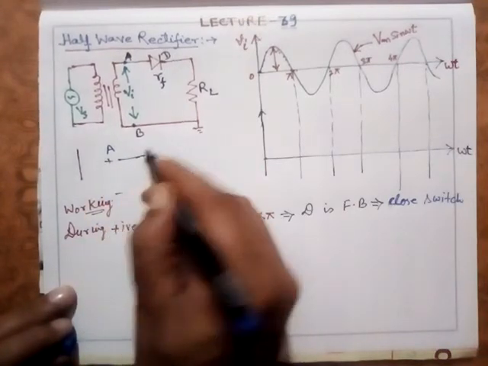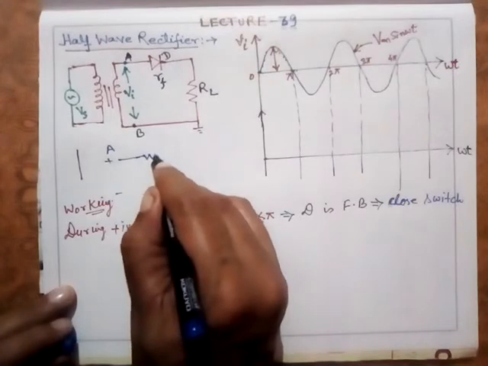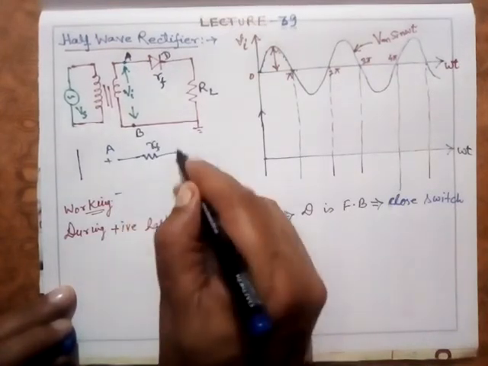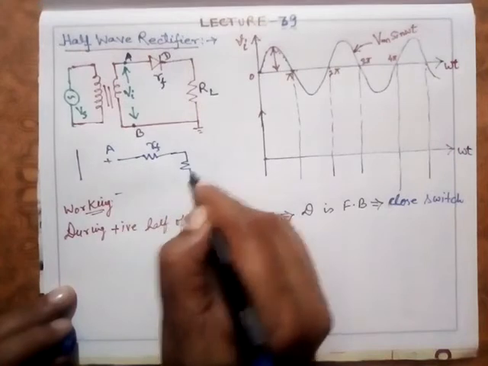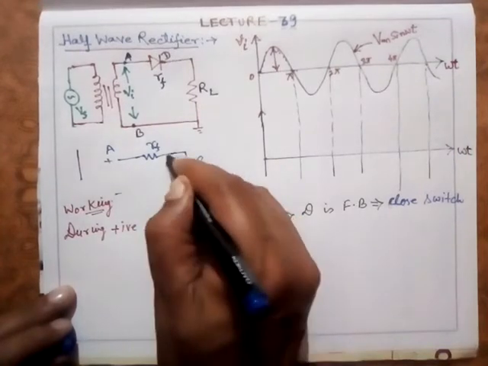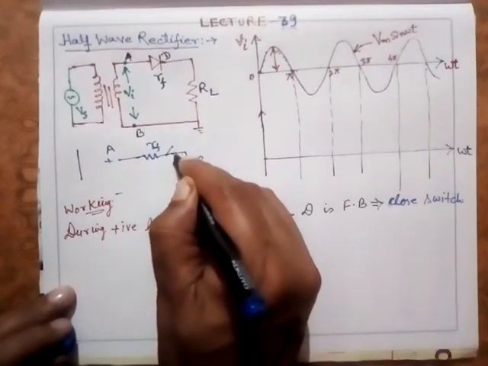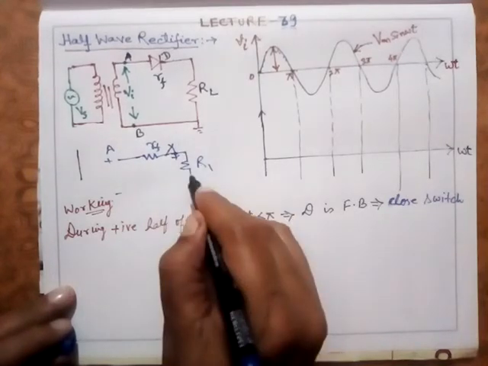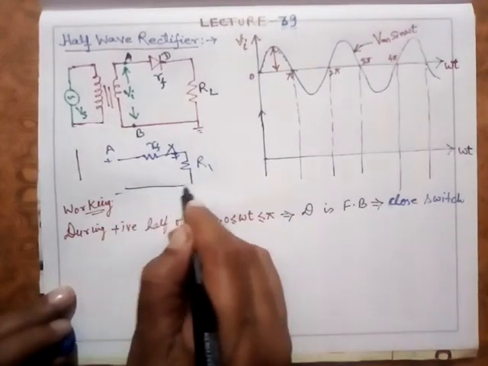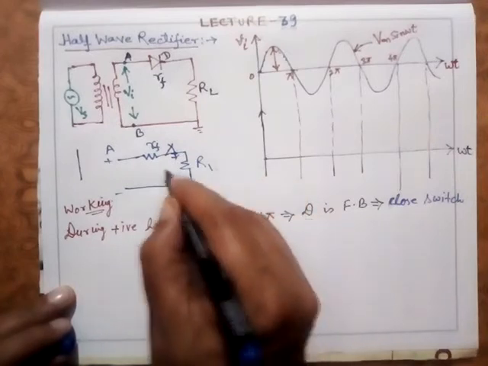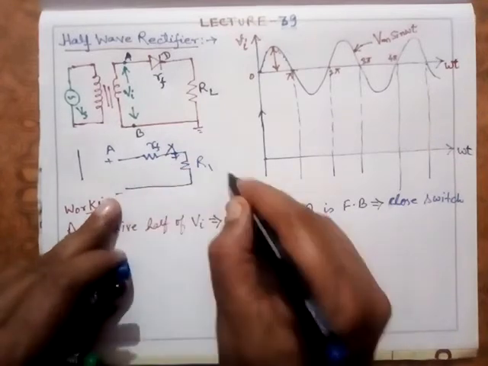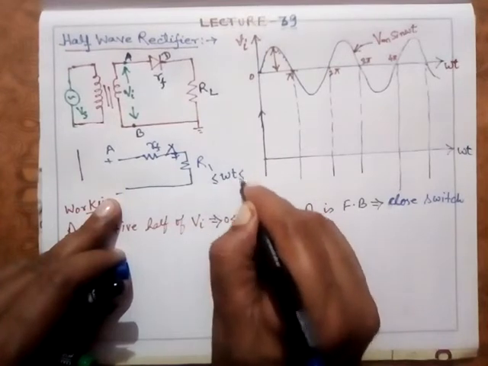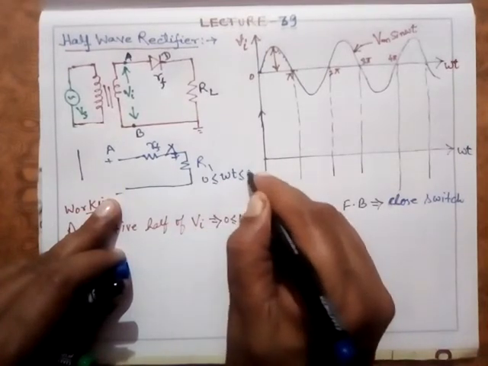So what is happening is that this diode is offering a resistance RF here. Of course this is the load resistance RL, and I'll show a switch here. It is acting as a closed switch here. And this is the condition for forward bias, when omega t is between 0 and pi.